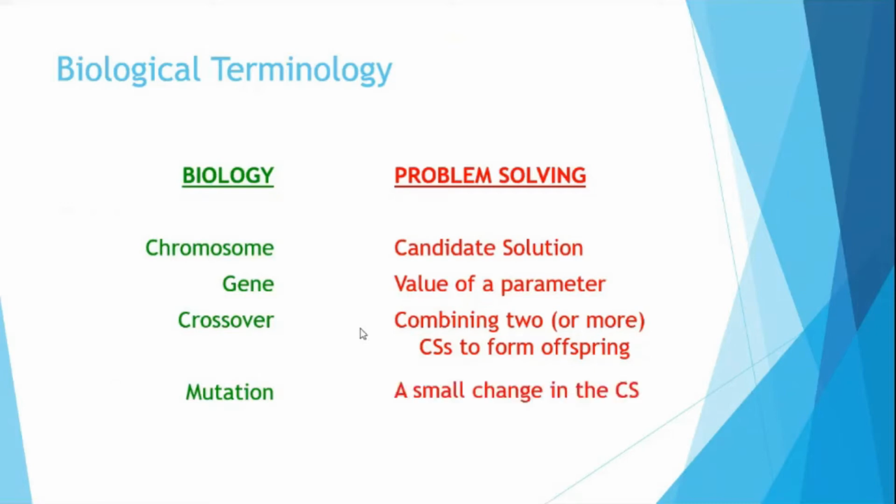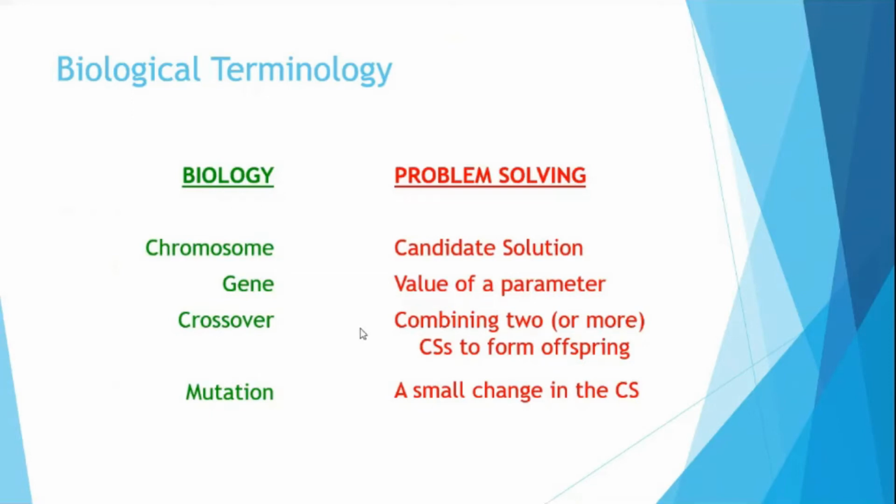Then the final term is mutation. A mutation is only a small change in the candidate solution. Mutation is happening nowadays. That term is relevant because we are hearing it on a day-to-day basis about the COVID virus. The virus is undergoing new mutation, and new mutants are being created.